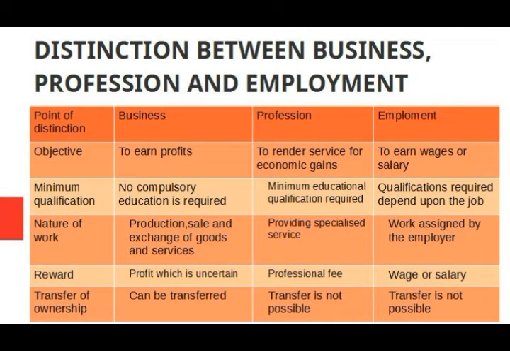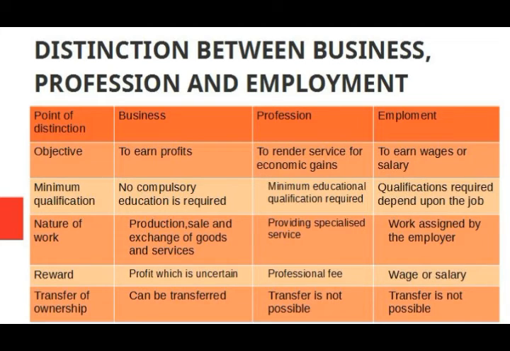Next slide. Distinction between business, profession and employment. Let us see the points of distinction. First one, objective. The objective of business is to earn profit. Profession, to render service for economic gains, and employment, to earn wages or salary.